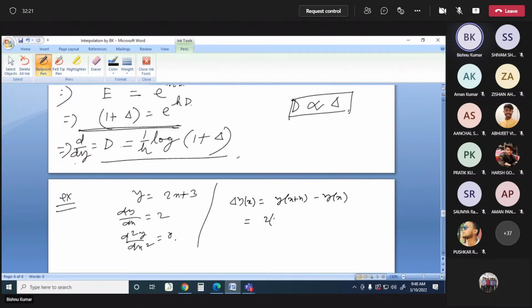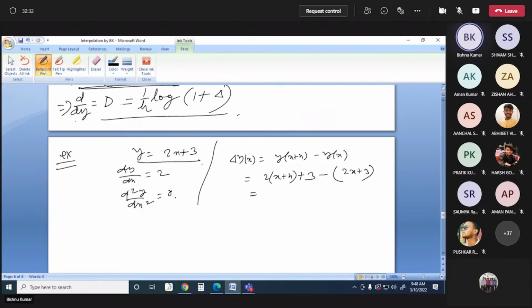So basically this is 2 times x plus h plus 3 from this function, minus 2x plus 3. So that is 2x plus 2h plus 3 minus 2x minus 3. So 2x cancels, 3 cancels. So simply it is becoming 2h. h is, on the basis of the given discrete set of data points, the constant value. Step length is constant. So that is the constant value.